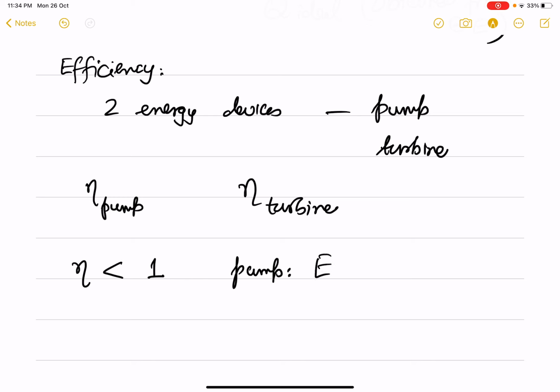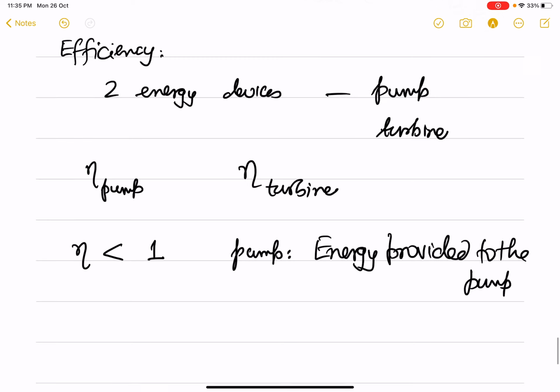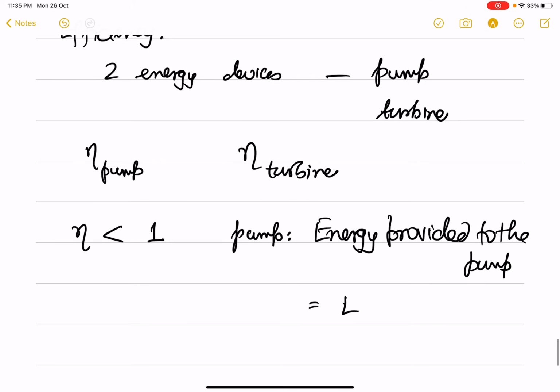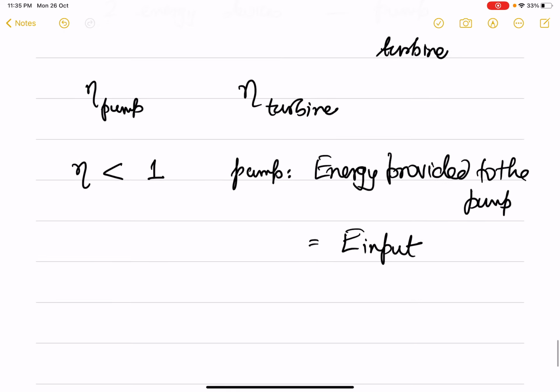Now in a pump, there are two types of energy. One is the energy provided to the pump. So this is the input energy which you are putting in the pump.